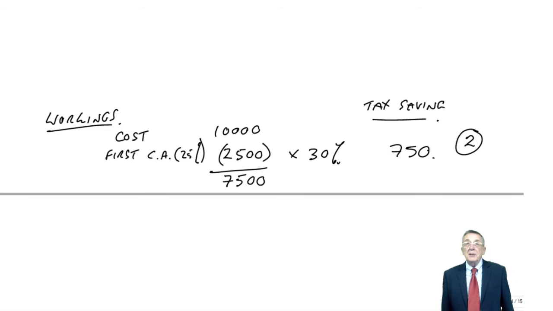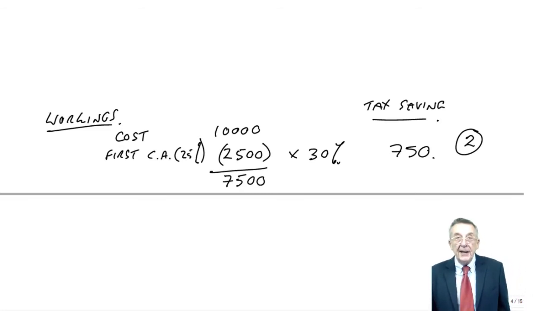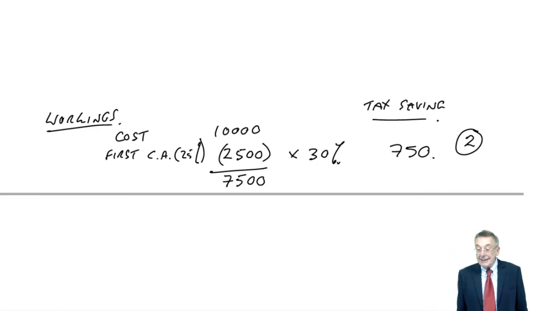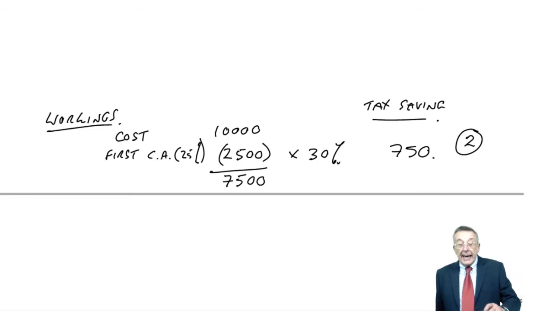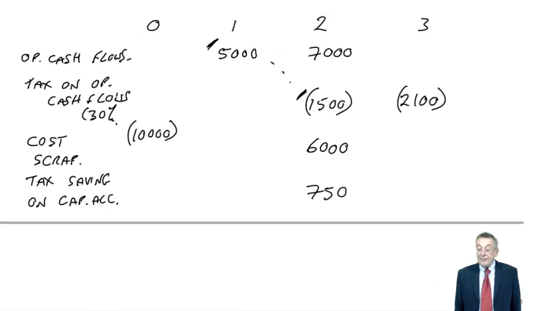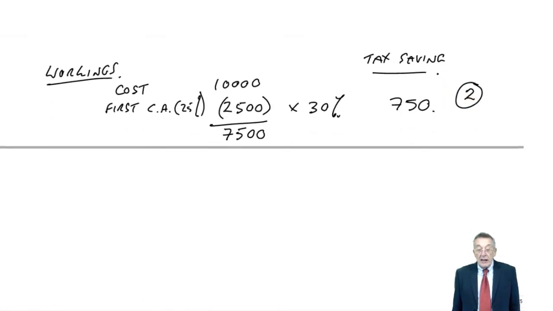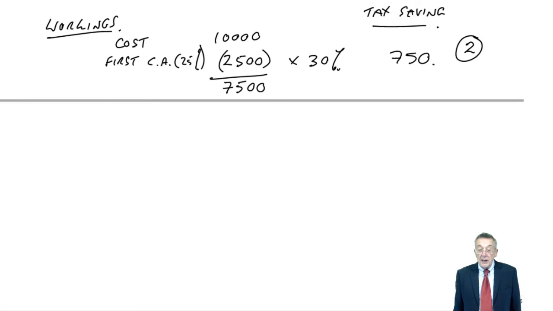But the one extra rule you need is what happens in the final year, the year in which you sell it. Now again, I kept this one very, very short. Next example will make it a bit longer. But this machine we only have for 2 years. And so we'll have a computation for each of 2 years.